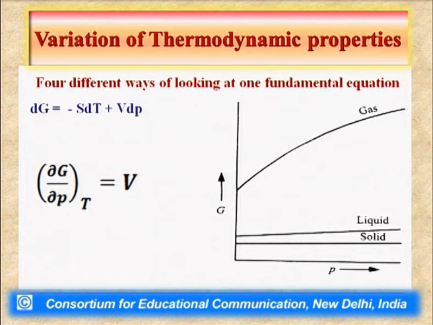This we can see clearly from here. If temperature is kept constant, then dT is 0. So, what we have is dG equal to VdP, which means when pressure increases, the Gibbs free energy will also increase.